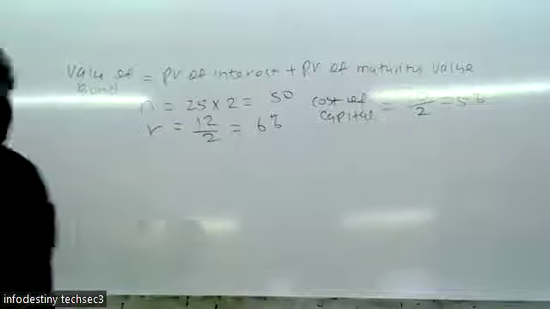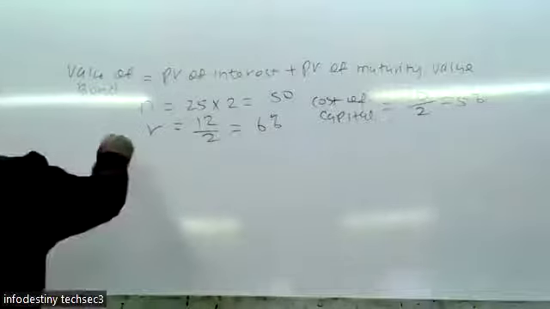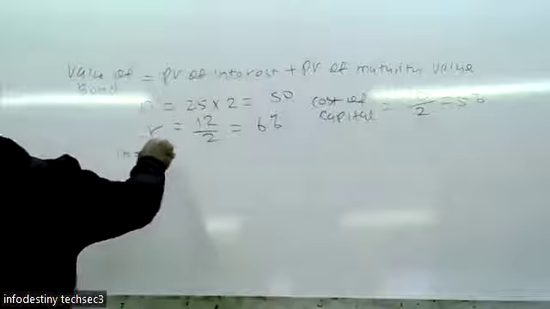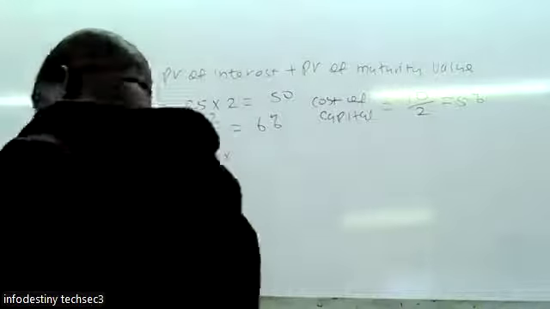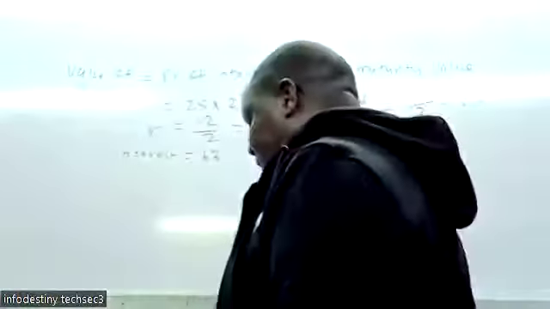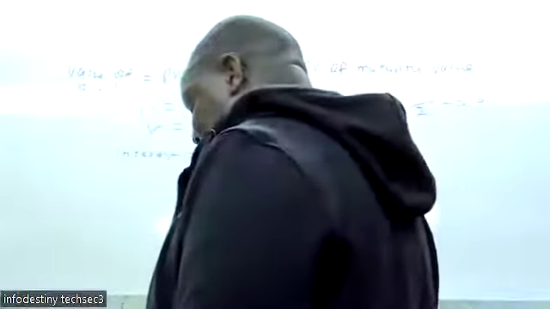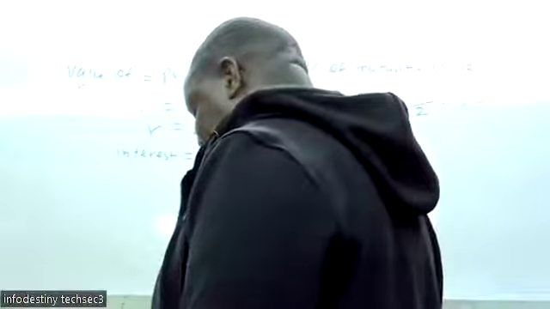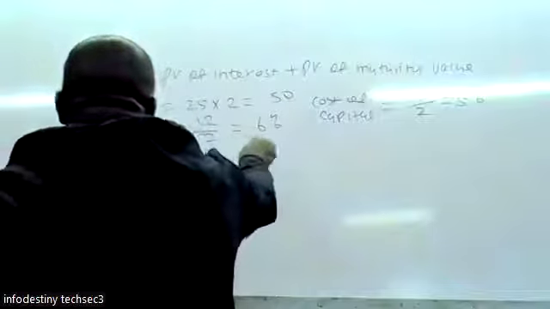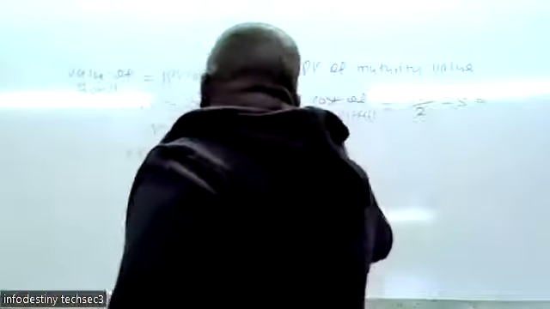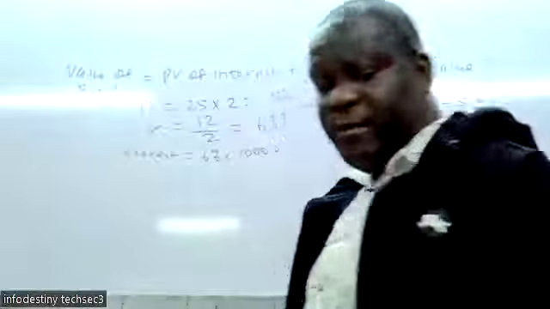So now we can get our interest. Interest, you simply take the 6% of the par value, which is 1,000. 6% of 1,000 should be how much?